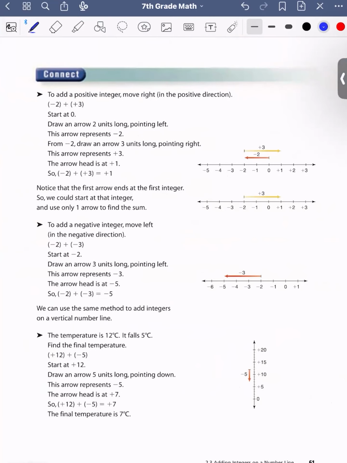Let's think of it with an example. To add a positive integer, you need to move right. And on a number line, right side is always positive.